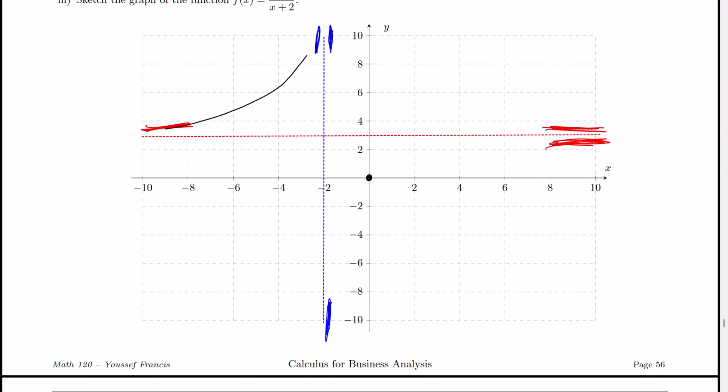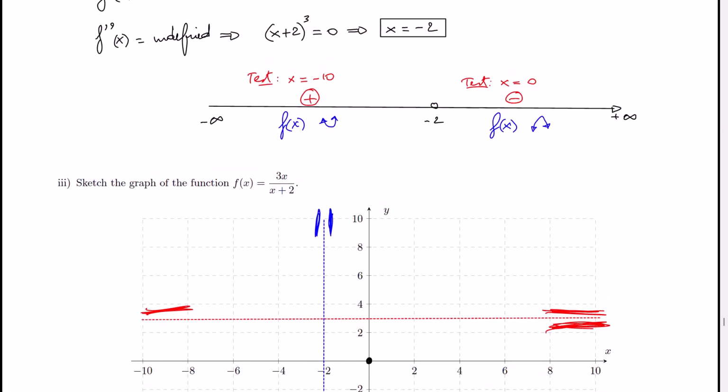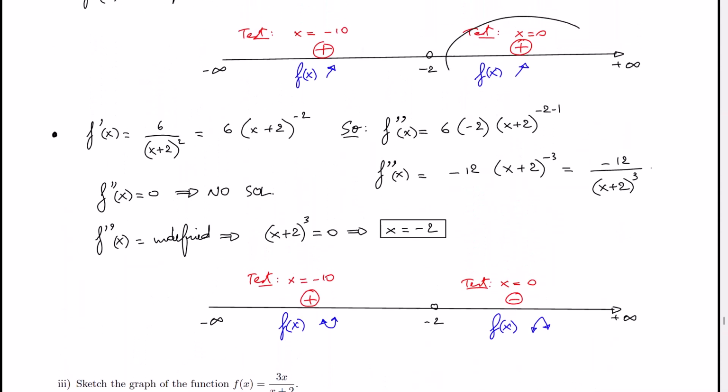This is kind of what the graph should be doing on this side of the xy plane. Now, how is it doing it? It's doing it in a concave up manner. So I know that the graph should be concave up on this section. And on the other side, I also know that the function is increasing from -2 all the way to infinity.